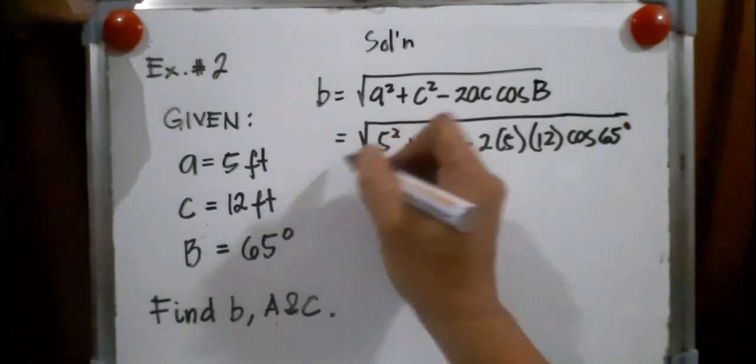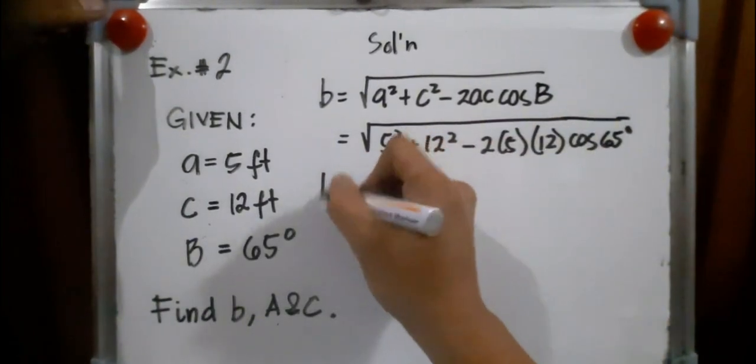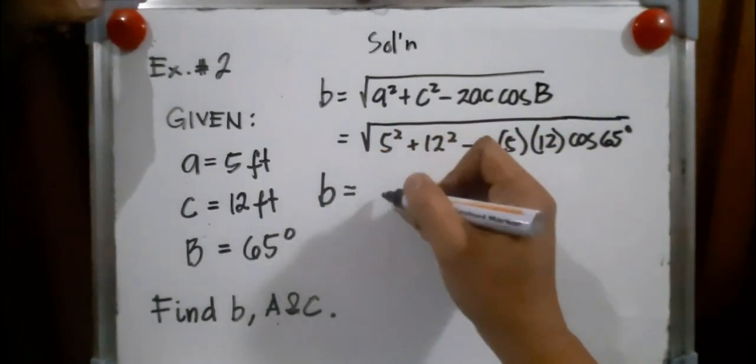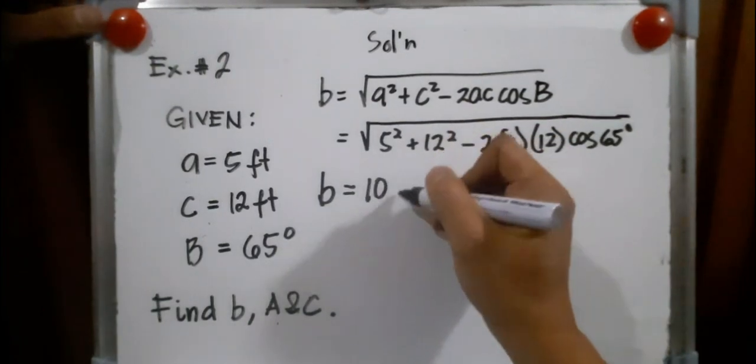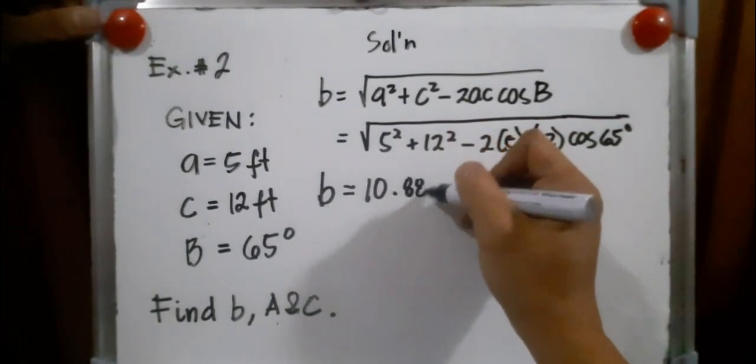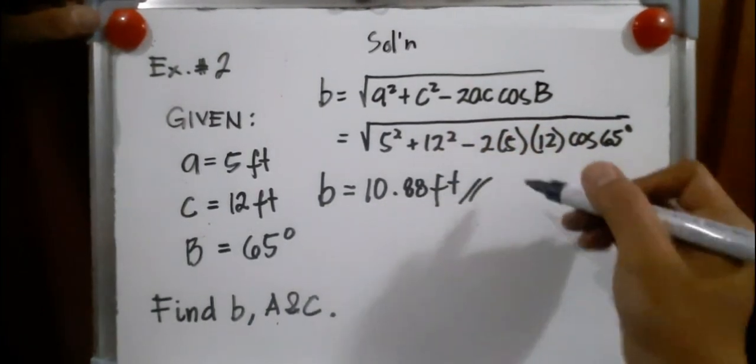And substituting all the values and using our calculator, we have b equal to 10.88 feet. That is our side B.